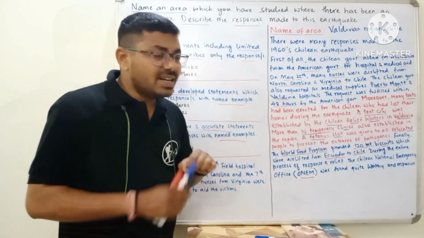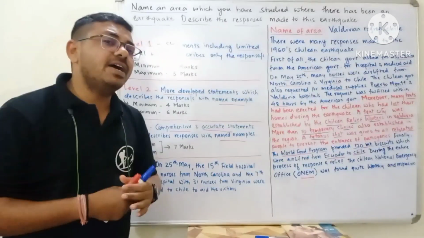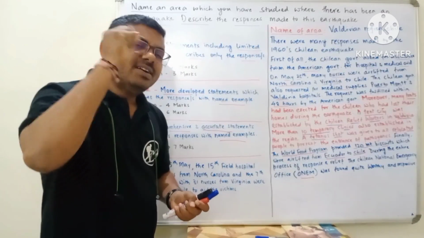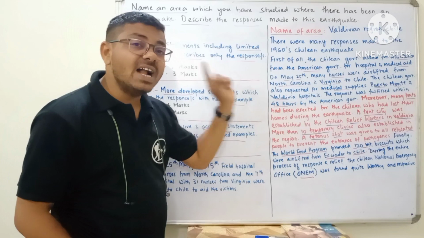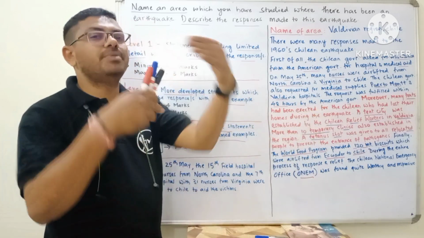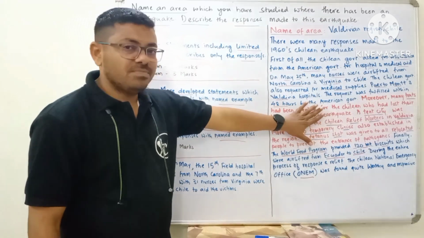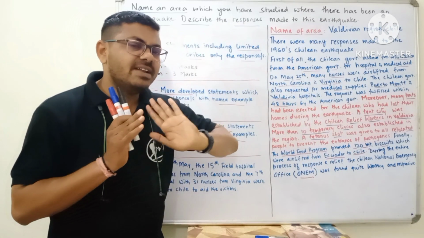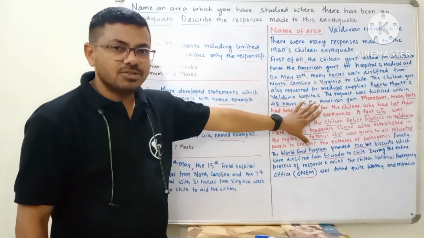However, I could develop this idea even more by identifying the exact area where the tent city was established. I could write that as well to make it more comprehensive, right? But still, I am getting 2 marks here because I have explained it accurately. Okay, so 2 marks over here.